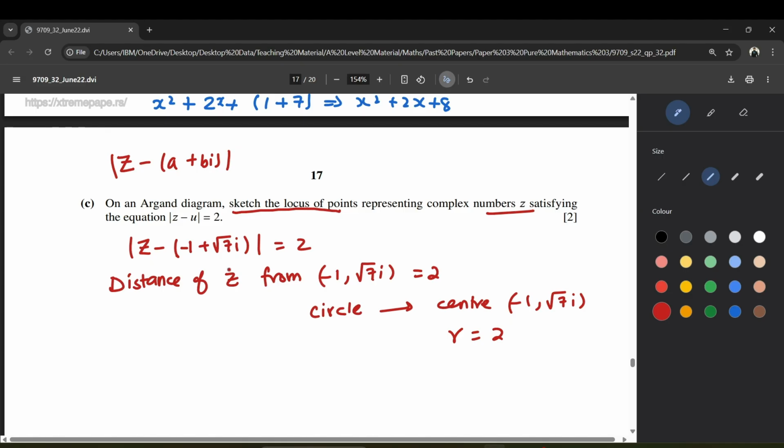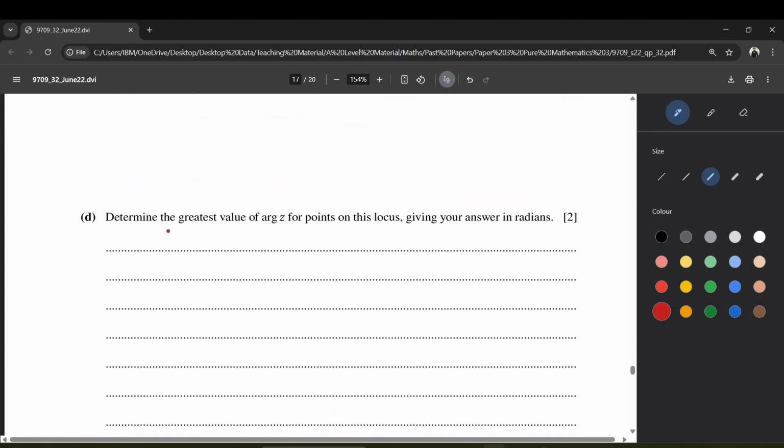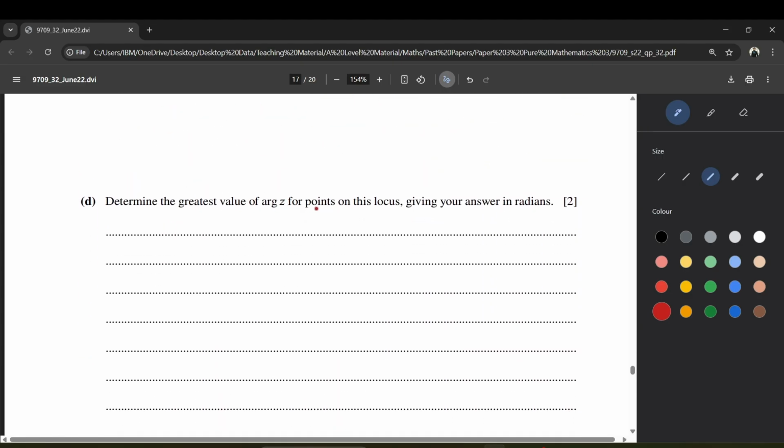Now in part D, it says determine the greatest value of argument of z for points on this locus, giving your answer in radians. So you need to determine the greatest value of argument of z. So argument of z is also in this form, right?